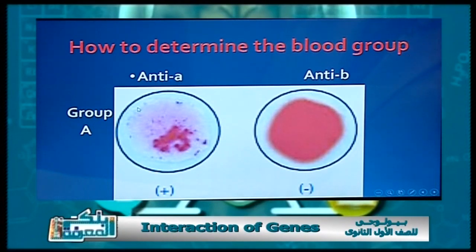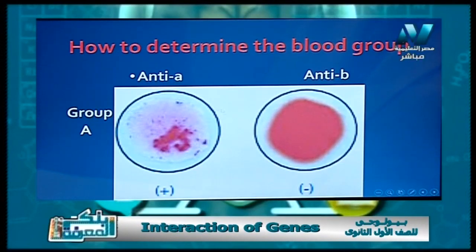Actually, if there is a different blood group, so the antigen A present in the red blood cell meets the antibodies A, there must be a reaction between them, and the antibodies cause the agglutination of the red blood cells and destruction of them.